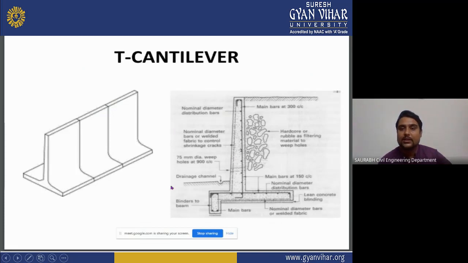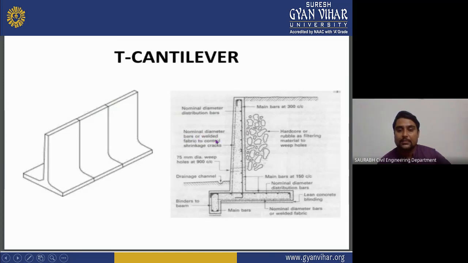Now we will see the T-type cantilever. As you can see here, the shape of this cantilever is a T. If you see the cross section of this wall, it looks like a T. There are also some design specifications of the T cantilever. As you can see, there is a nominal diameter distributed bar provided on the back side of the T cantilever retaining wall.